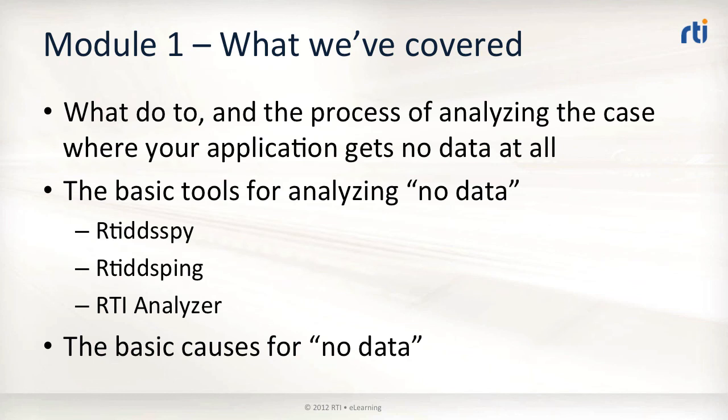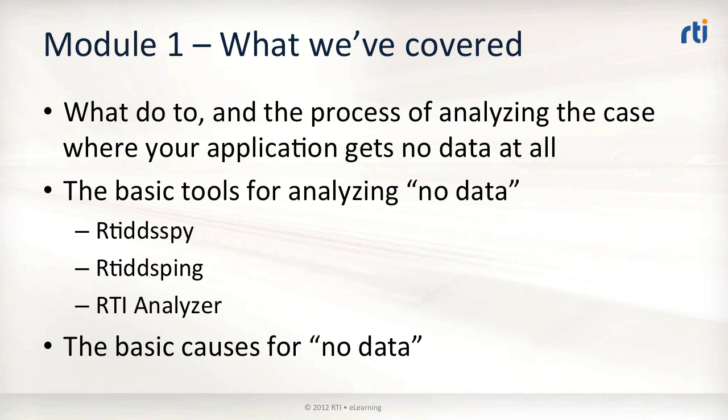So now just to reiterate what we've covered in Module 1. We've started with the scenario that you are receiving no data at all. And we've taken a look at some of the typical causes of this. Everything from low-level network problems to RTI problems to configuration problems.